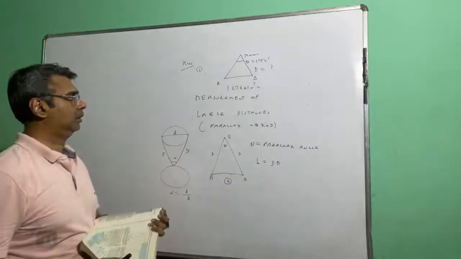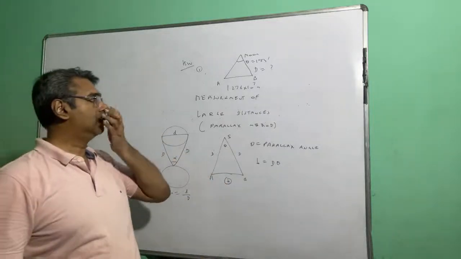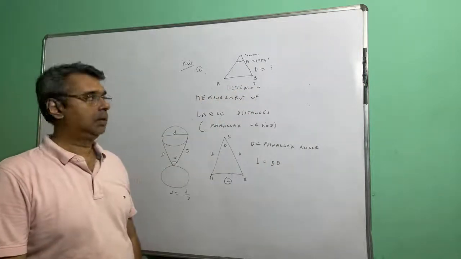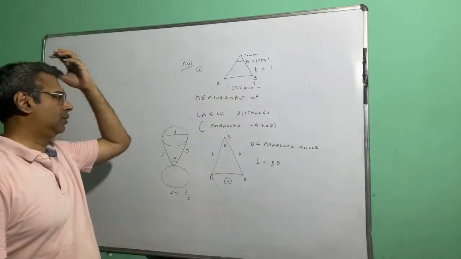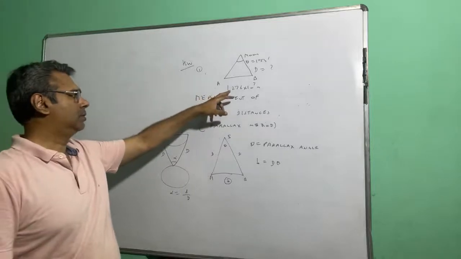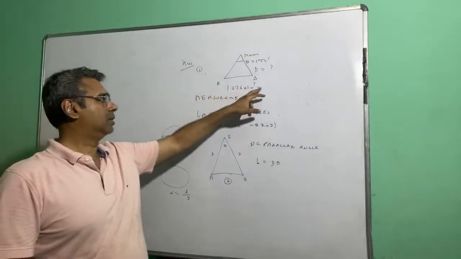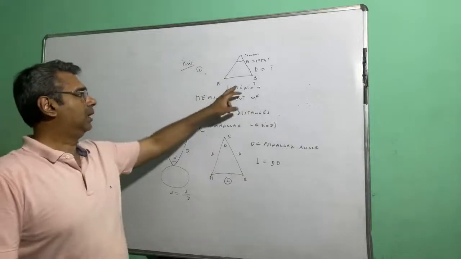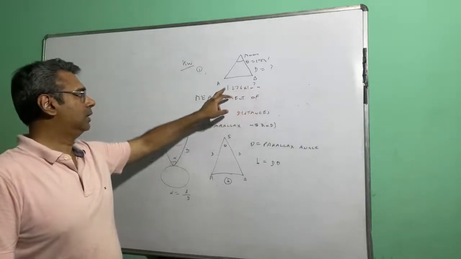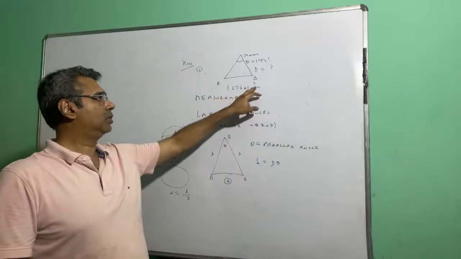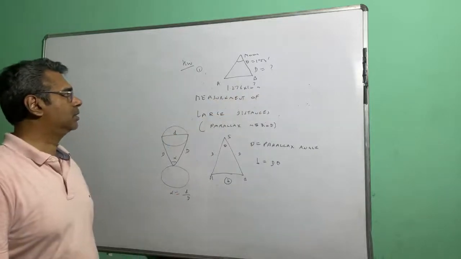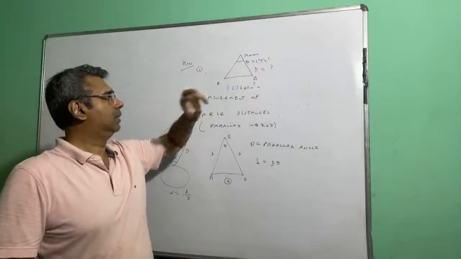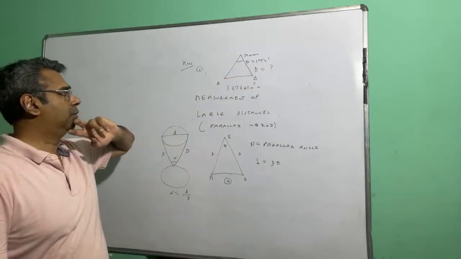The first homework question: capital A and capital B are two points on the surface of the Earth, and the distance between them is 1.276 into 10 to the power 7 meters. At the moon, they are subtending an angle of 1 degree 54 minutes.